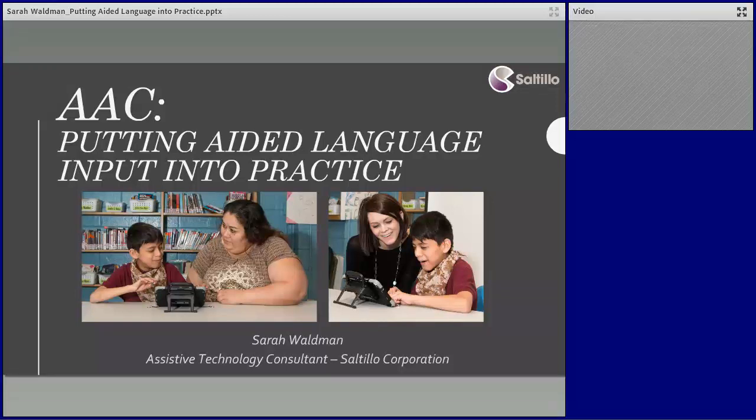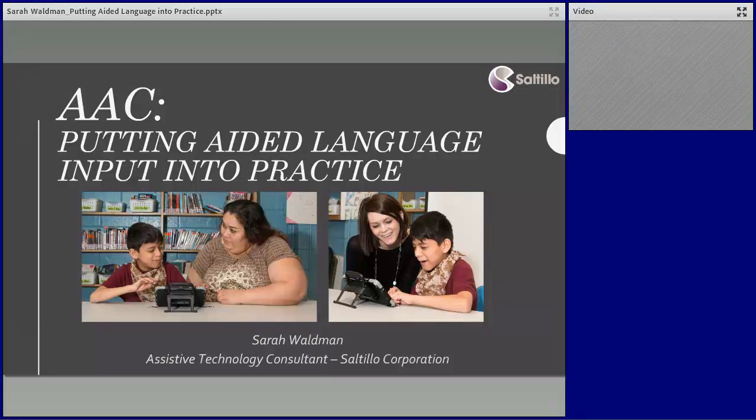For those of you who aren't as familiar, AAC stands for Augmentative and Alternative Communication, and that is a modality or a form of communicating that individuals may use if they are not able to communicate verbally, or maybe they have some sounds and some words and they're just not enough to get their messages across or to express themselves fully, or oftentimes some kids may have some sounds and words that are just not clearly understood by others.